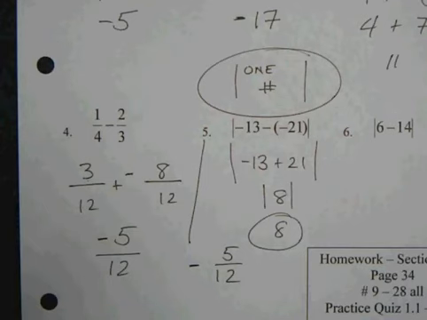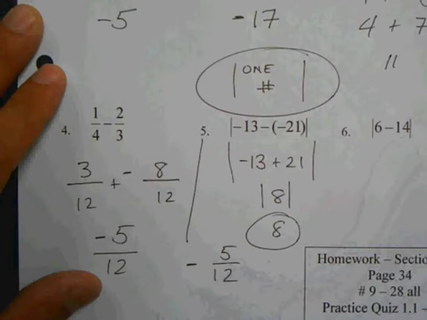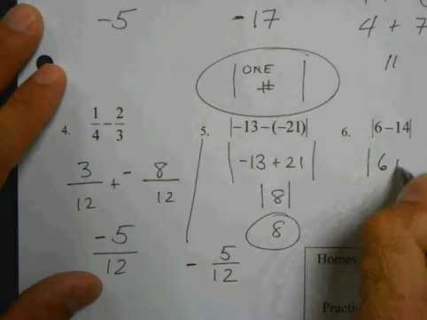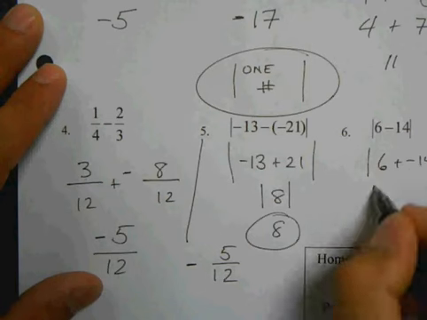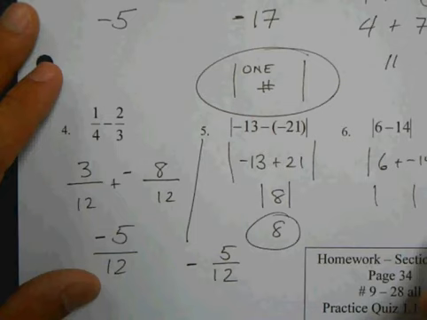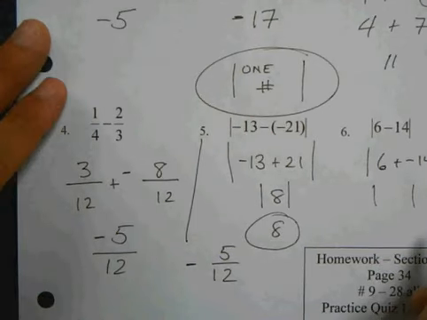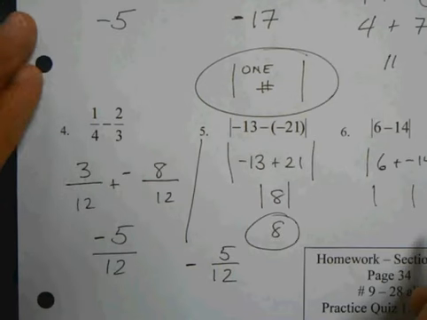All right, back to that back corner. 6 minus 14, is it down to one number? No. So I've got 6 plus a negative 14. What's 6 plus a negative 14? Positive 7 or negative 9? Or neither?